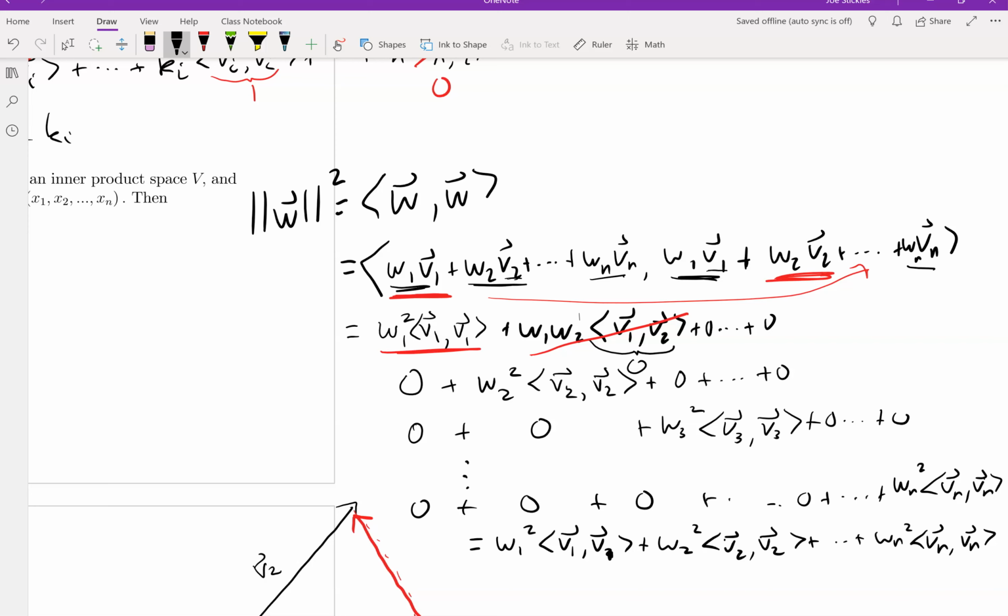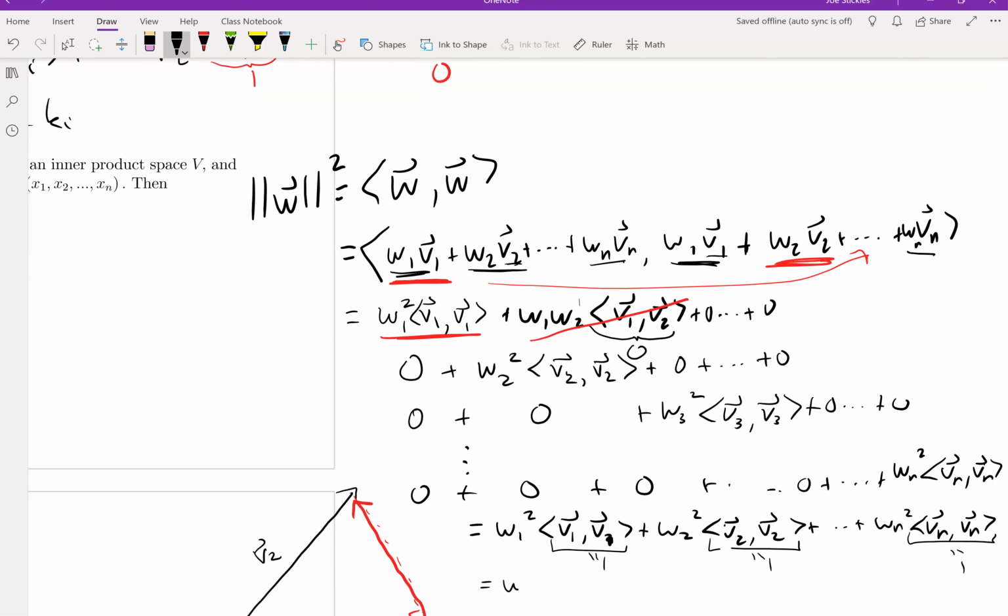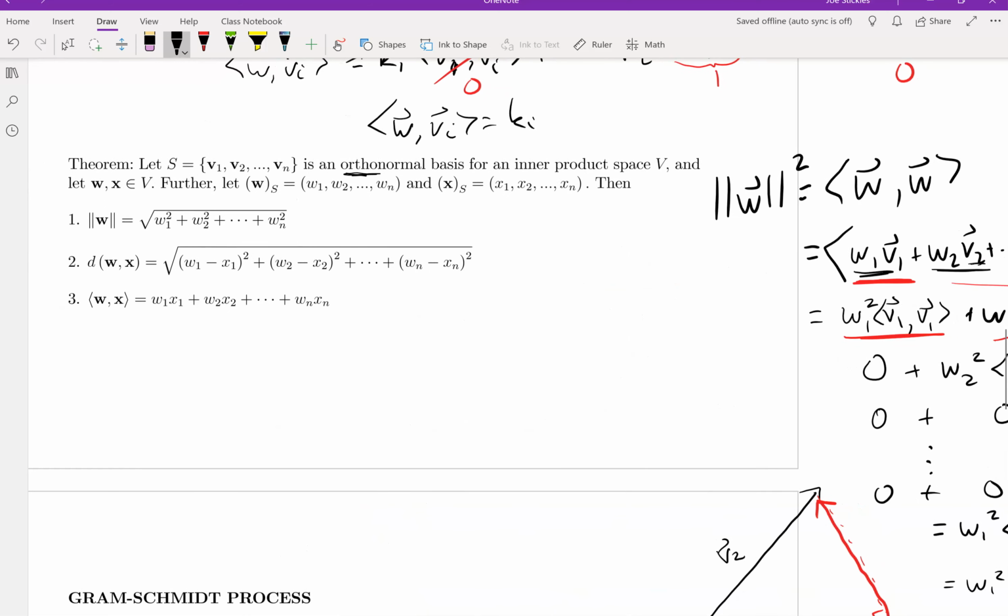The normal part refers to the fact that the magnitude of everything in your basis is 1. So this is 1, this is 1, this is 1. So this simplifies just to W1 squared plus W2 squared out to Wn squared. And then taking square roots gives us the result that we want back over here.